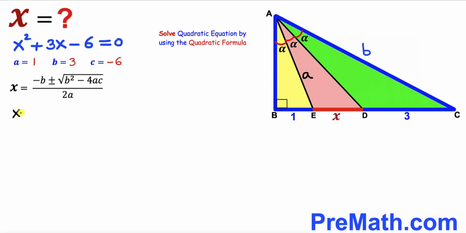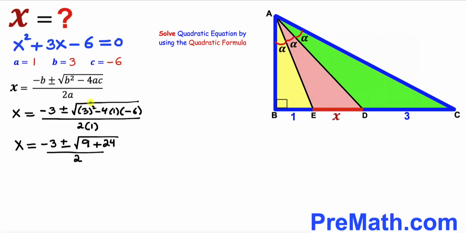So we got x equals minus B, which is 3, plus or minus the square root of 3 squared minus 4 times A is 1, C is negative 6, all over 2 times 1.